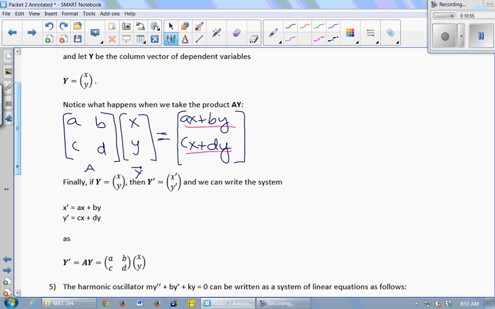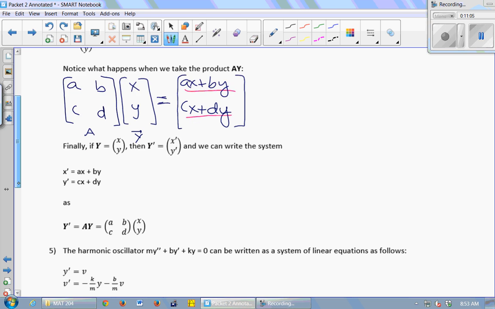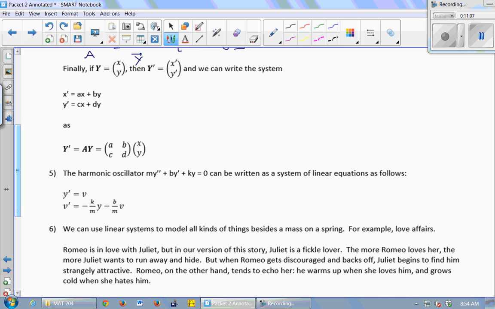And if we're letting Y be the column vector XY, then Y prime is the column vector X prime Y prime, and we can write the linear system as Y prime, the vector Y prime, is A times Y, so the matrix ABCD times the vector XY. This is X prime, Y prime.